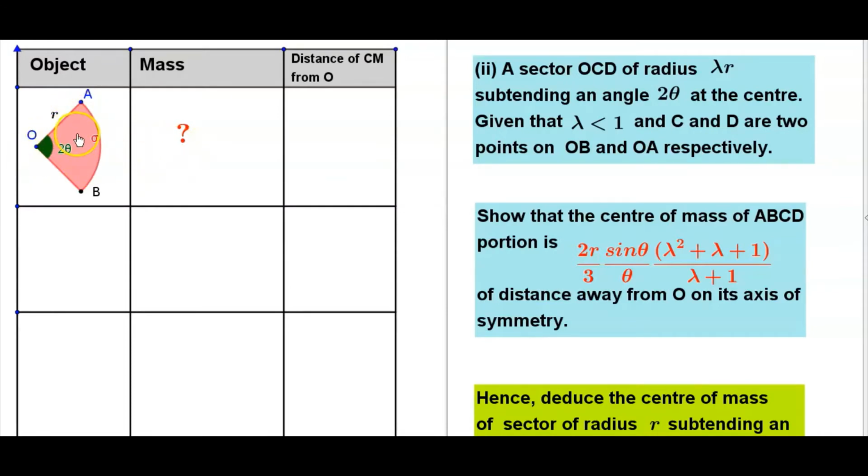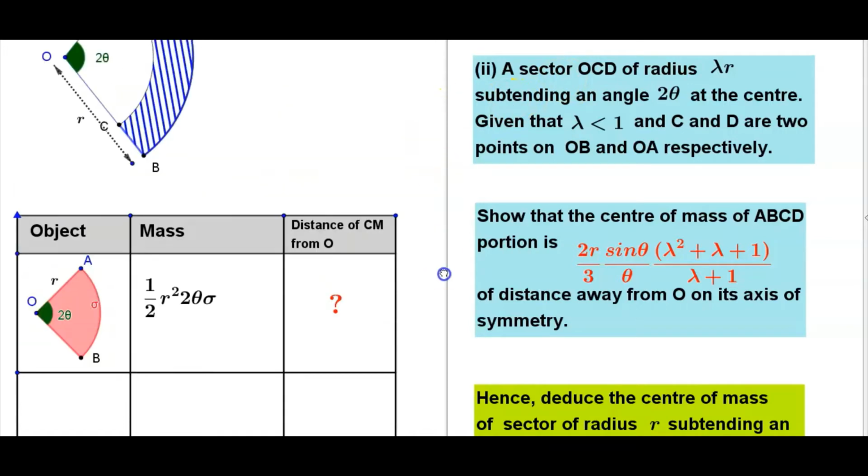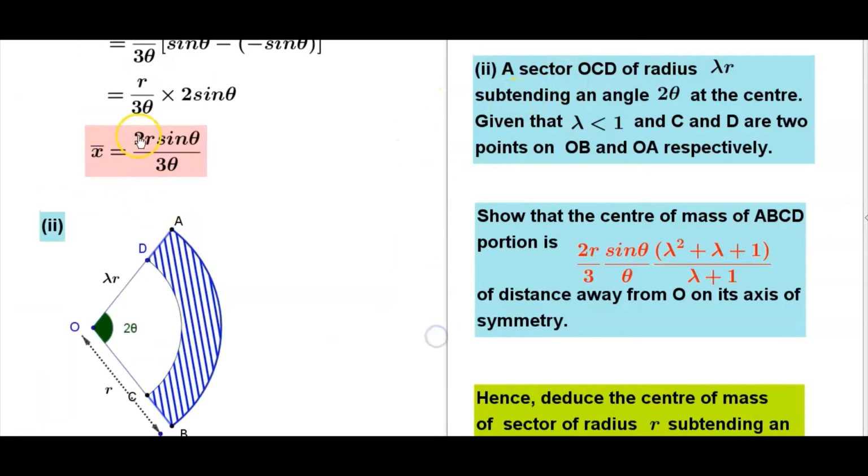So the area is half r squared into 2 theta, multiplied by sigma, the mass: half r squared 2 theta into sigma. The center of mass from O, from the previous part, is 2r sin theta over 3 theta.